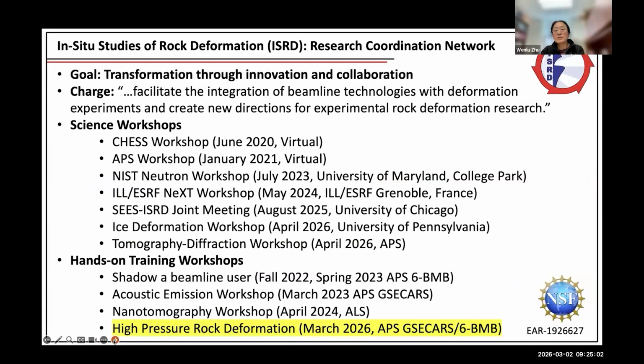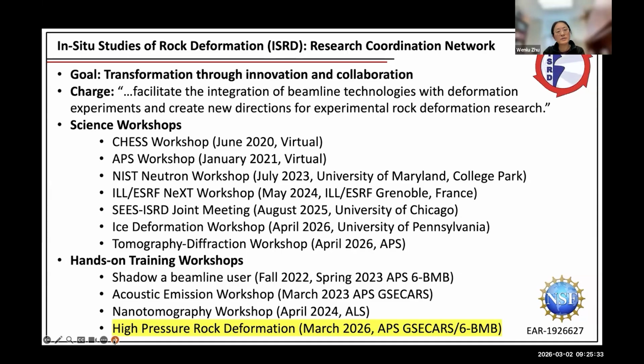So with this in situ study of rock deformation, our goal is to transform traditional rock deformation through innovation and collaboration. Specifically, we organize workshops to get people together and identify knowledge gaps, and identify how beamline technology could help to address those issues.